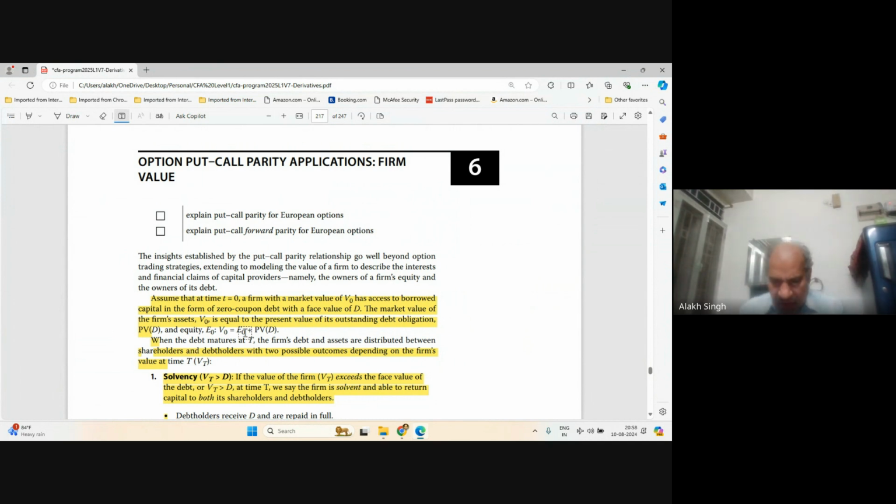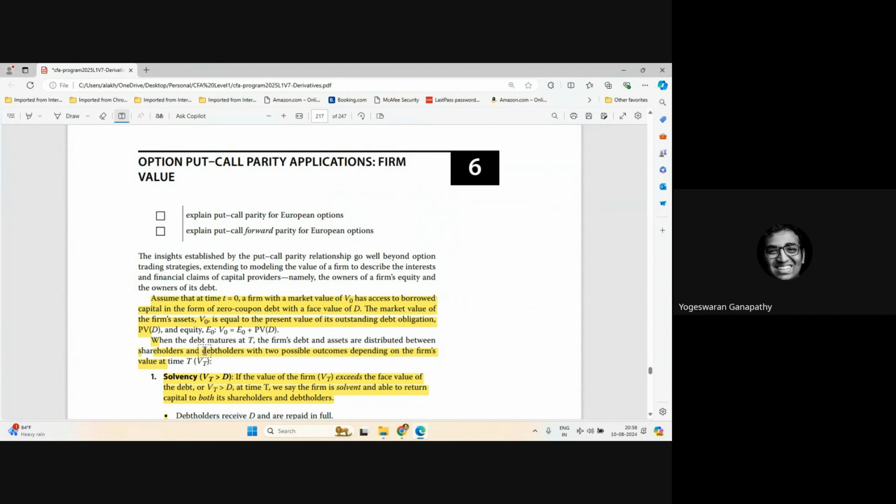If I am trying to calculate the value of debt, then I must calculate the present value of debt today. Today the price of equity is there, and then the debt is payable after some years or some months. So if I want to calculate the total value of the firm, it is the value of equity plus present value of the debt.